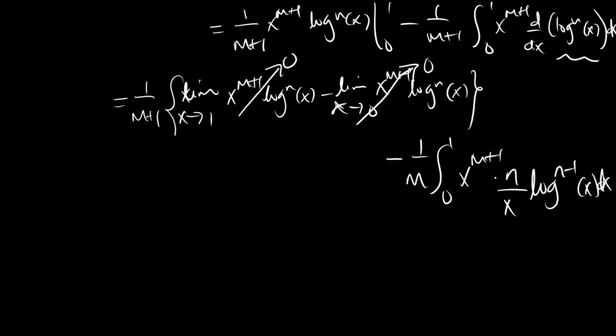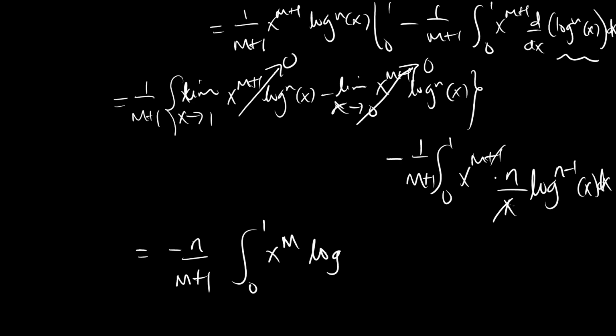So since this part is 0, our integral becomes n over m plus 1 times the integral from x equals 0 to 1 of x to the m log to the n minus 1 of x.